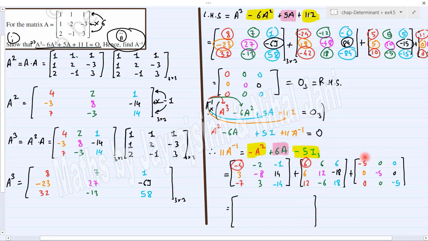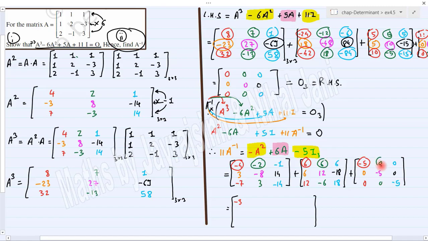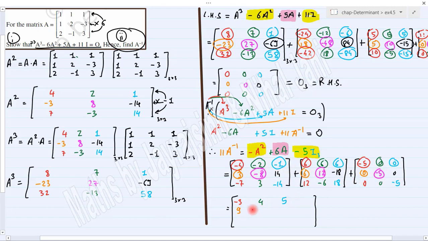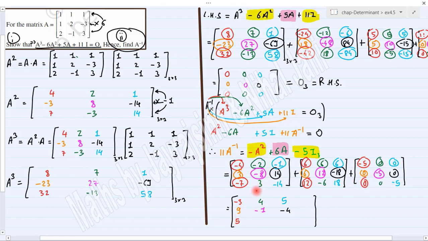Minus 4 plus 6 minus 5 will give us minus 3, then minus 2 plus 6 plus 4 will give us 4, then minus 5, 6, 0 will be 5, then 3, 6 and 0 will give us 9, minus 8, 12, minus 5 will be minus 1, 14 minus 18, 0 will be minus 4, minus 7, 12, 0 will be 5, 3 minus 6, 0 will be minus 3, minus 14, 18 and minus 5 will be minus 1.